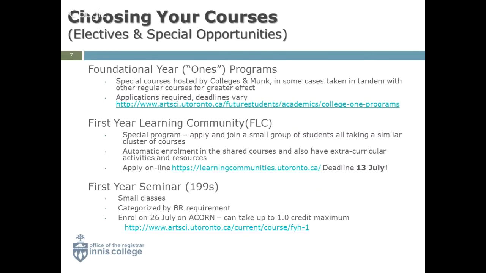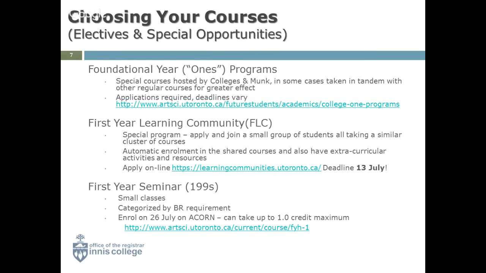First year seminars are also called 199s. First year seminar courses are also limited in class size to about 24, 25 students. You can take a maximum of 1 credit of a first year seminar course. None of the first year seminar courses are related to any programs. These are courses that are taught by full professors on topics that are near and dear to their heart.